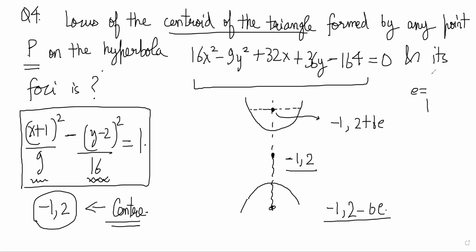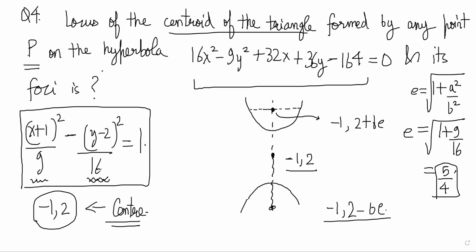And E would be root over 1 plus, usually it is B square by A square, but now it will be A square by B square. So this E would become 1 plus 9 by 16. So 25 by 16, E is coming 5 by 4 and B is 4, right? So the coordinates of the focus will be minus 1 comma 2 plus minus BE.